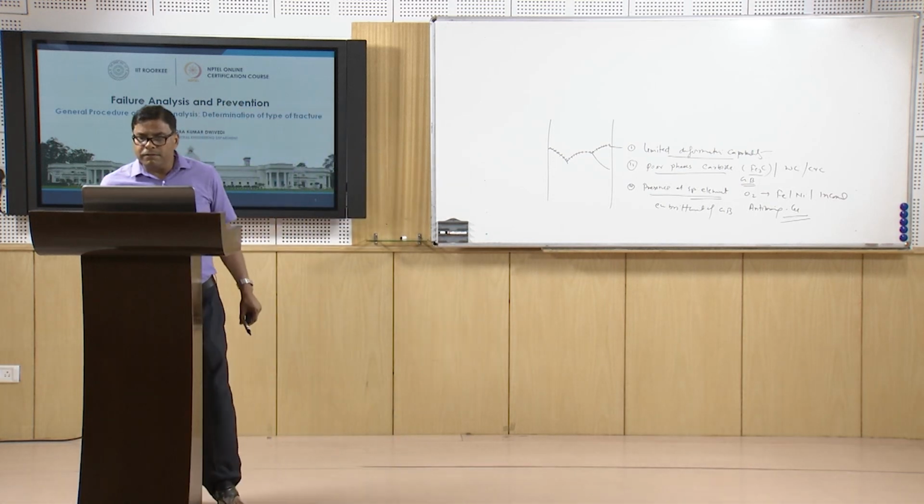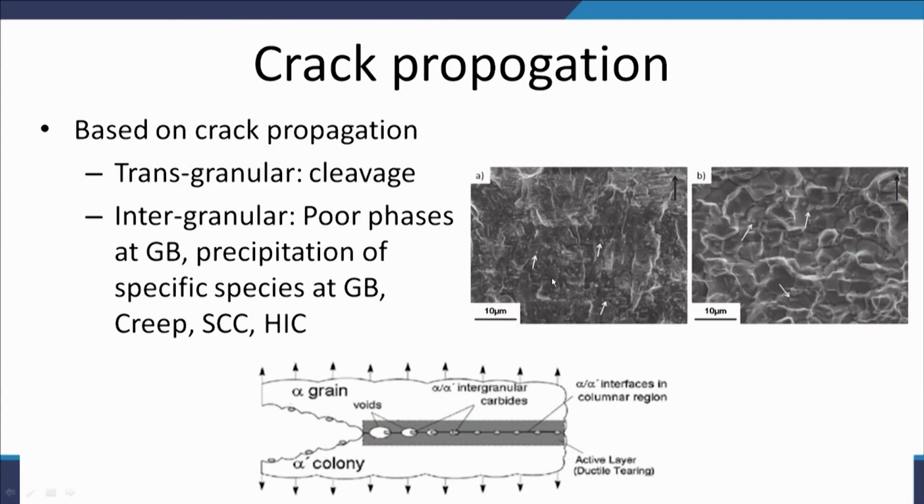So, from here we can easily see these are the cleavage facets which are present and indicating the direction in which the crack has grown, while in this particular case where we can see the grain boundaries, we can see that individual grains, all these are the individual grains, suggesting the intergranular fracture.